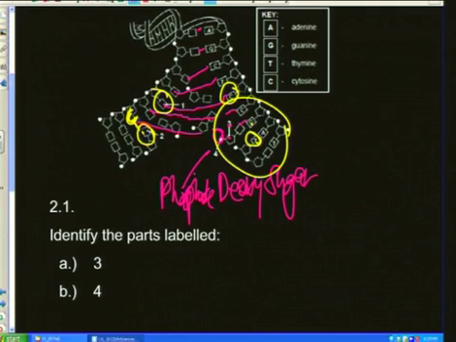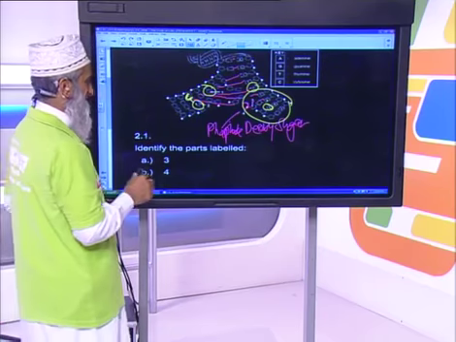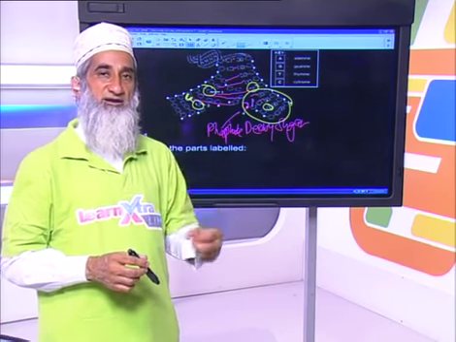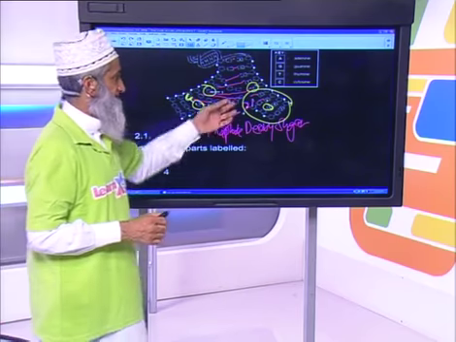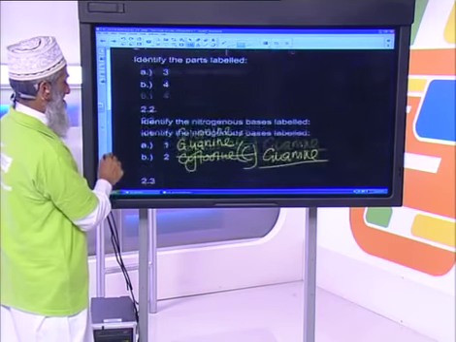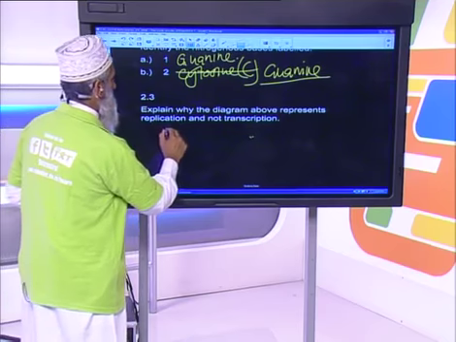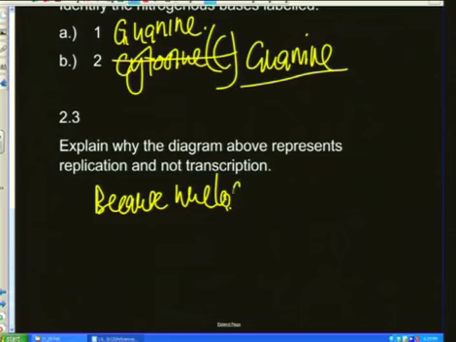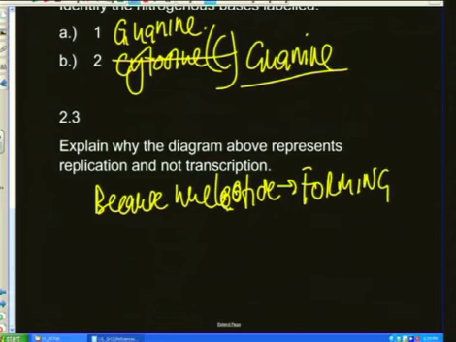Because of that, this shows that it is replication and not transcription, because transcription involves messenger RNA, and messenger RNA would have uracil and not thymine. So the nucleotide forming has thymine.